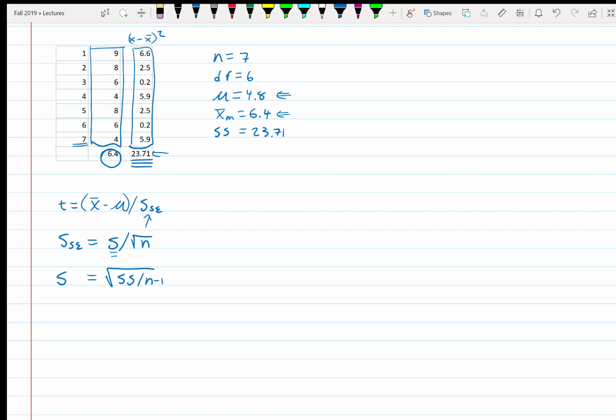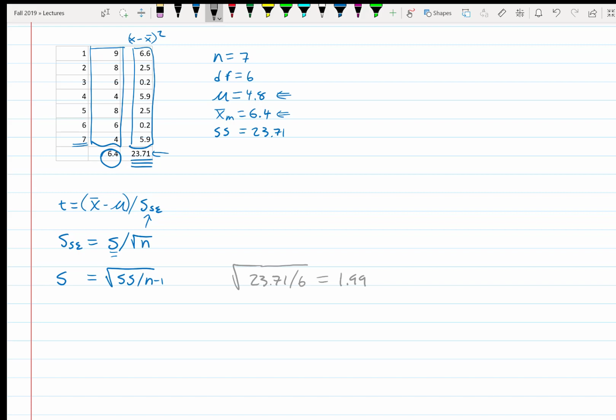So at this point, it just becomes a question of plugging in some numbers. Let me work this in an unusual way. We'll see if it works out. We have a sum of squares equals 23.71, and we're going to divide that by n minus 1, which is 6, and take the square root. That is going to equal 1.99 after we're all said and done.